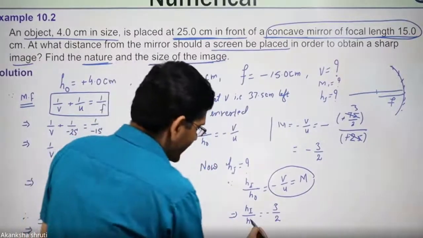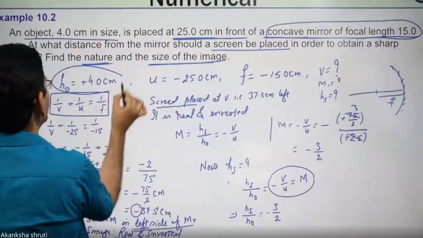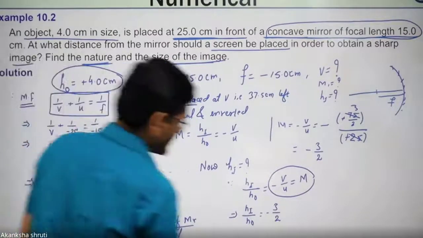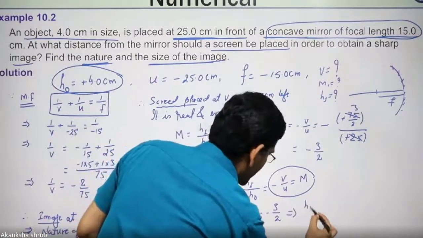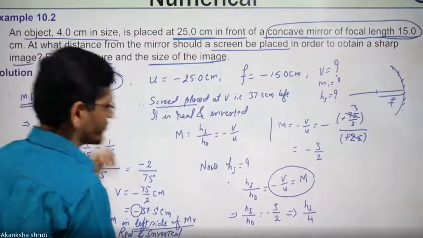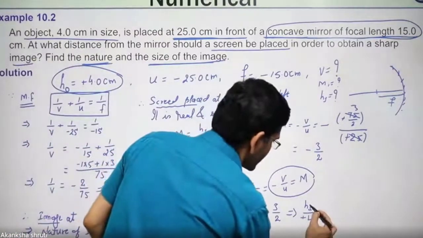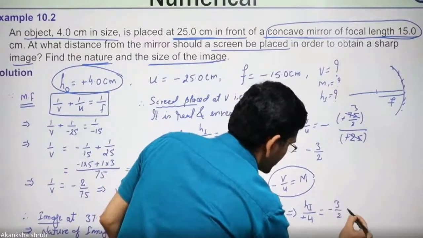So minus of 3 by 2. Students, ho is given here. Observe here carefully. Height of object is given. So this implies hi by 4, student, whatever the sign, along with the sign we need to put, is equals to minus of 3 by 2.